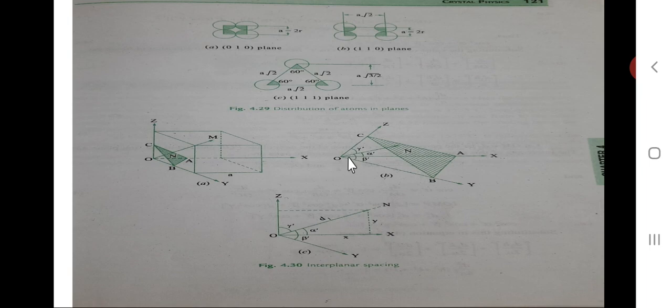Substituting this value, we get d2 h upon 2a whole square plus d2 k upon 2a whole square plus d2 l upon 2a whole square, which is equal to 1. d2 square upon 4a square in bracket h square plus k square plus l square is equal to 1.